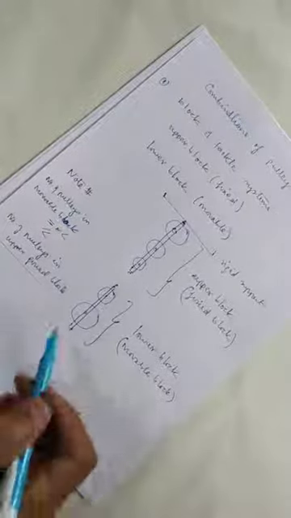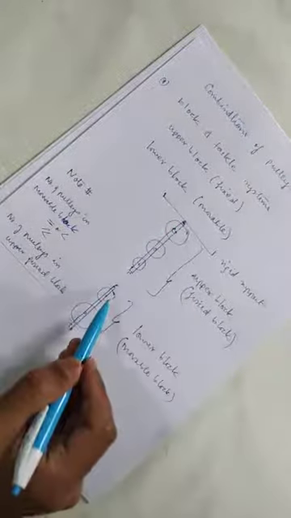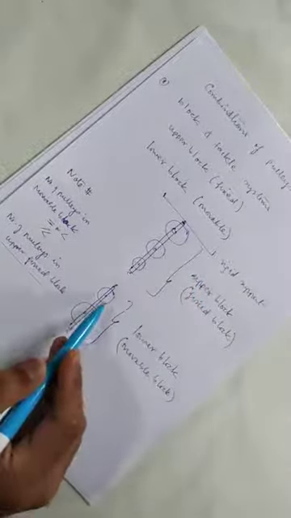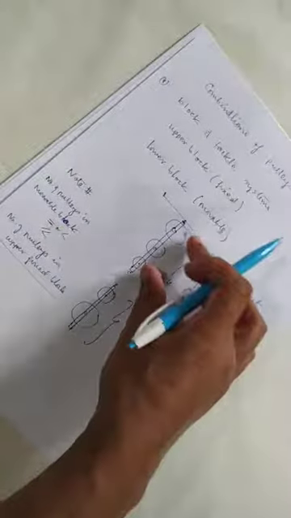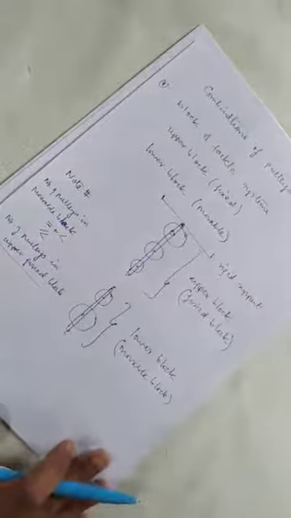So here you cannot have more pulleys in the lower block than in the upper block. That is the main thing you have to keep in mind. Both the blocks can have equal number of pulleys, that is fine.